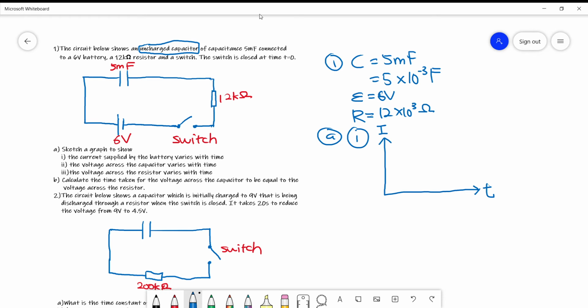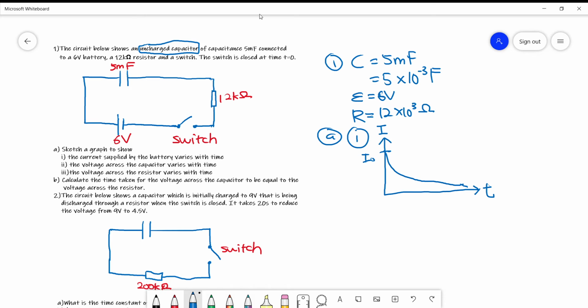The current inside the circuit initially is I0. After a certain time, it will eventually decrease exponentially, until infinity.